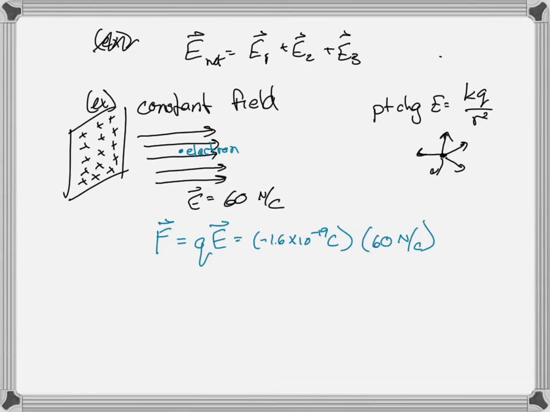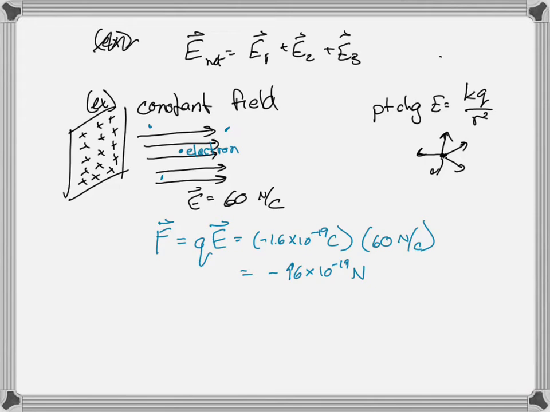So no matter where the electron is in the field, because it's a constant field, whether the electron is over here or over here or over here, no matter where it is, it's going to feel a constant electric field of 60 newtons per coulomb. And so it's going to feel a force of minus 60 times 1.6 is 96. 96 times 10 to the minus 19th newtons, coulombs times newtons per coulomb.